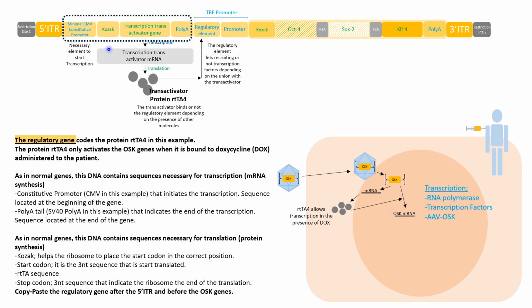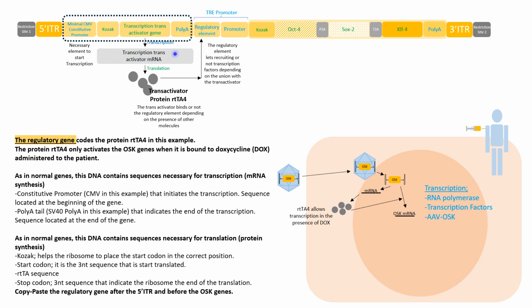As I have said, we have first a promoter, in this case a minimal CMV, cytomegalovirus promoter. It's very small. Why? Because we are limited in the size of this construct. Then we have the poly-A. These two sequences control the transcription, the production of the mRNA.